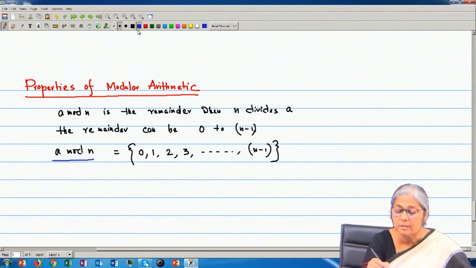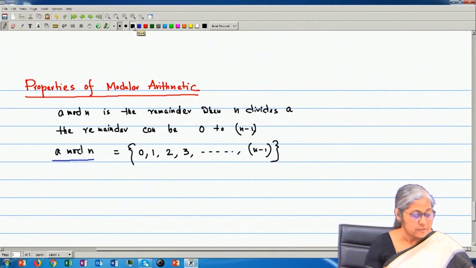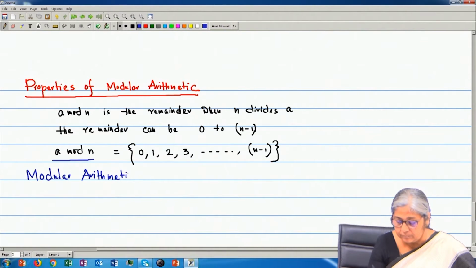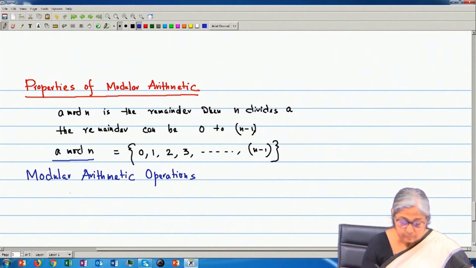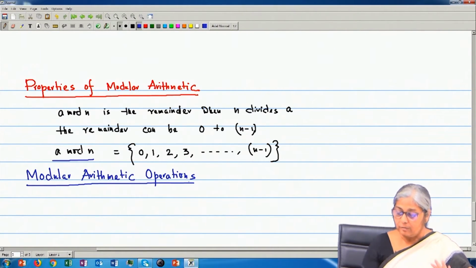So, first we see the modular arithmetic operations.